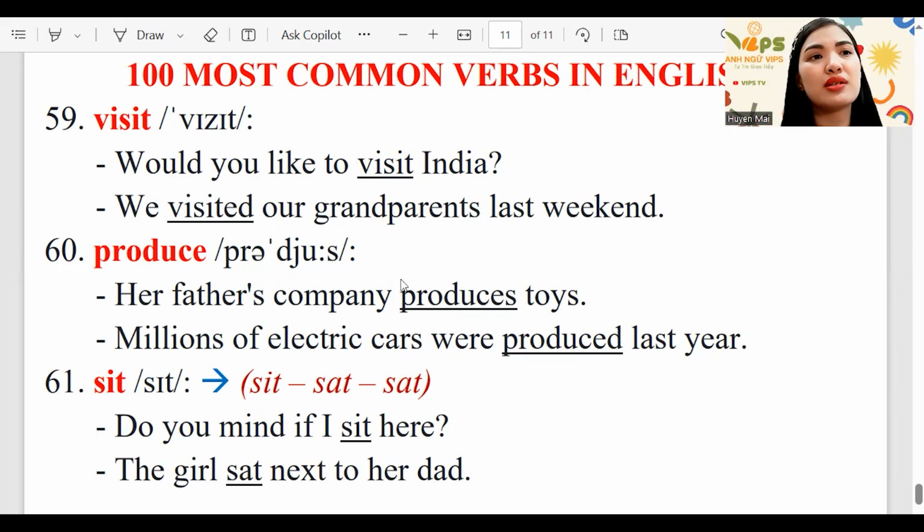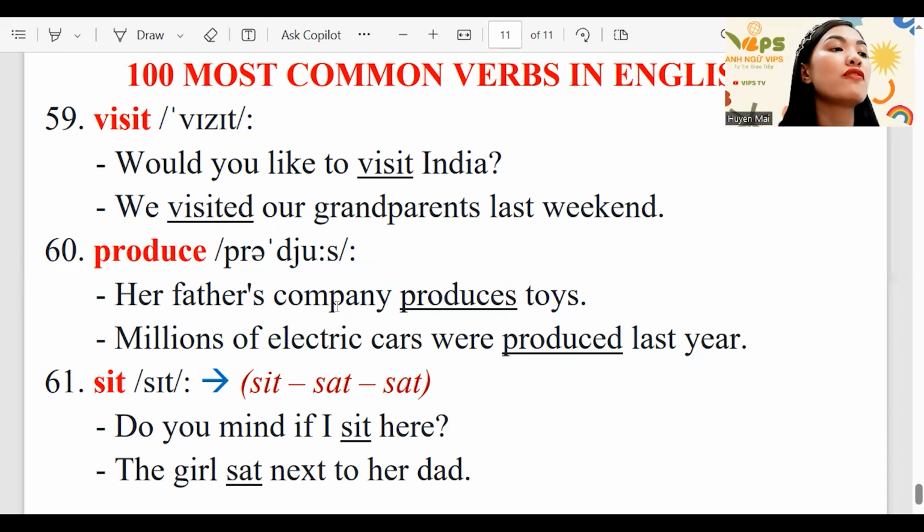Produce, that means to make something new or to create something. Okay, her father's company produces toys. Her father's company, that means the company of her father, produces toys. Why do you have to use S here? Because her father's company, the subject here, the main thing is the company, singular.